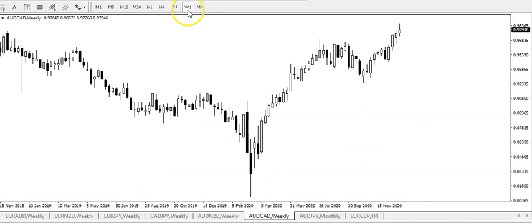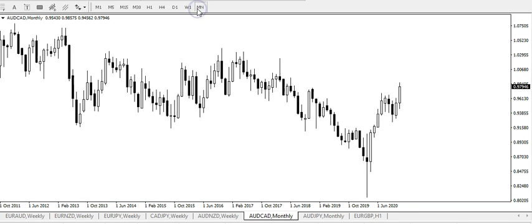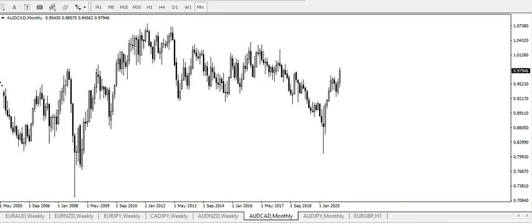Now next I have Aussie CAD. Aussie CAD on a monthly chart. Patterns are very similar but opposite to Euro Aussie. Well, not really, but you can see the patterns are a little bit all over the place.